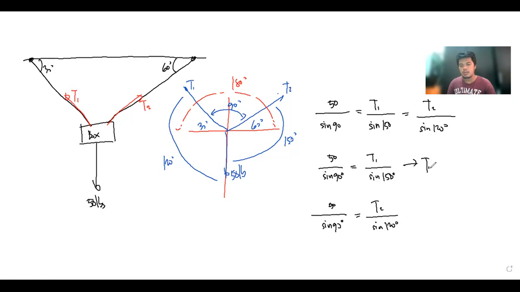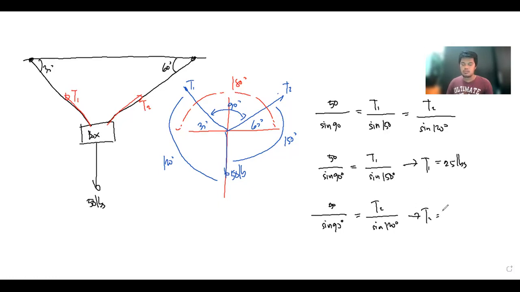To calculate T1, multiply 50 times sine of 150 divided by sine of 90. The answer is 25 pounds.